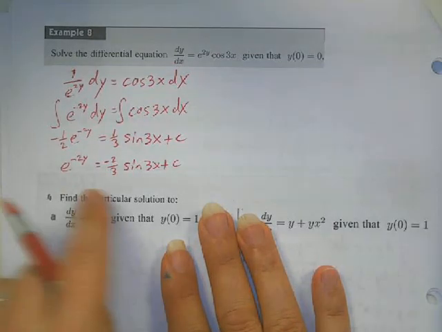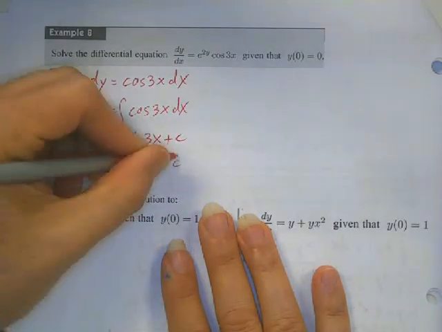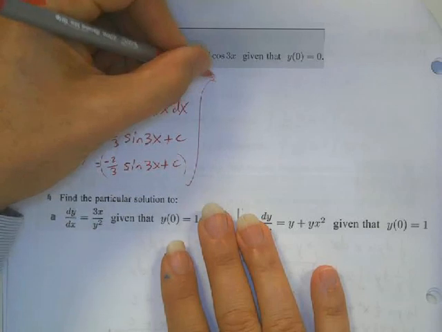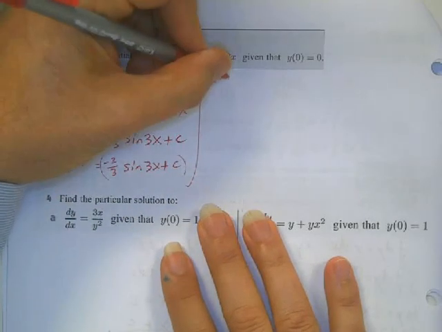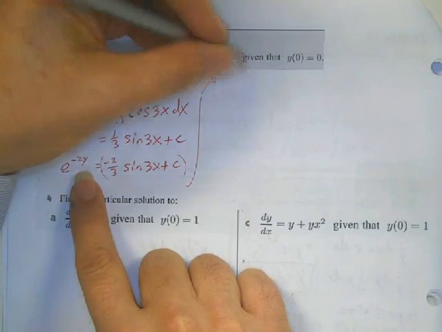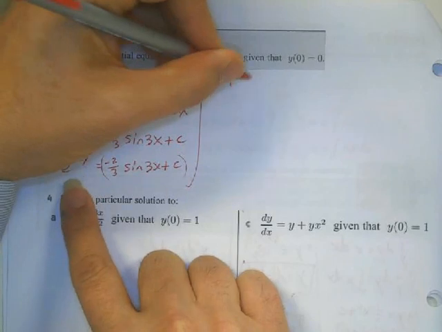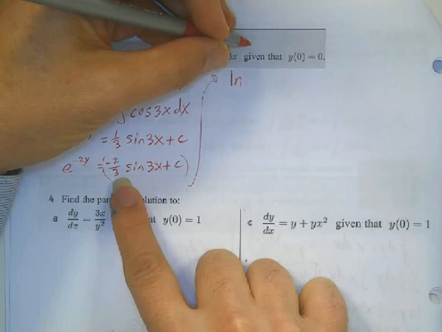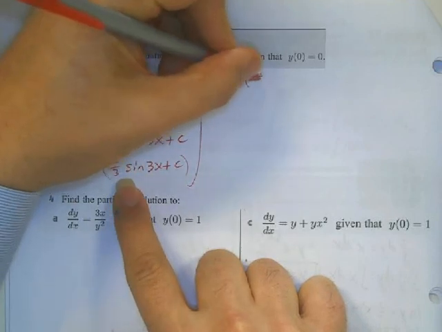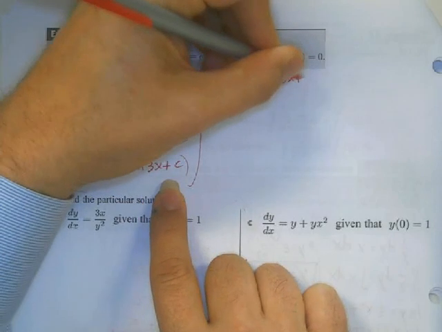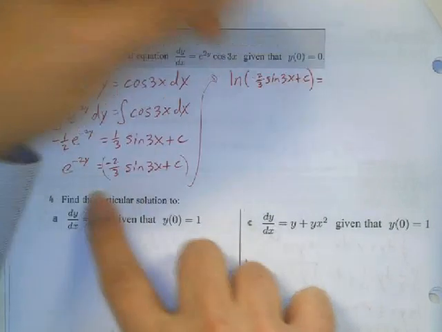And now we're going to convert this to logarithmic form. I'm going to say, because we're trying to solve for this power here, right? So I could say natural log of negative 2/3 sine 3x plus c is equal to negative 2y.